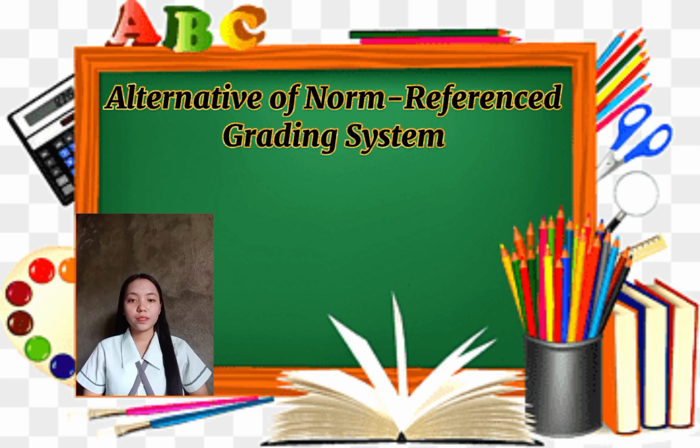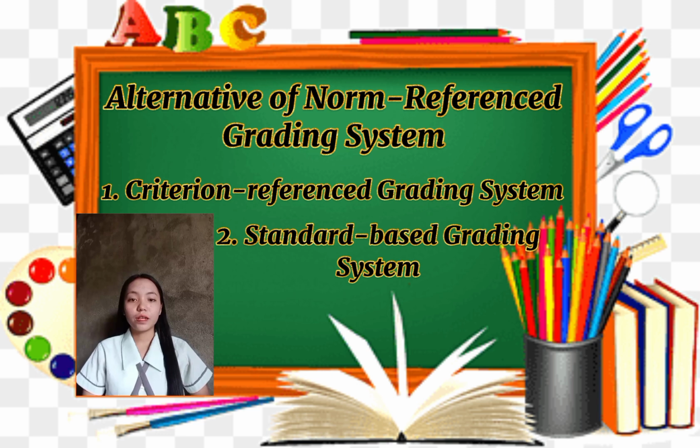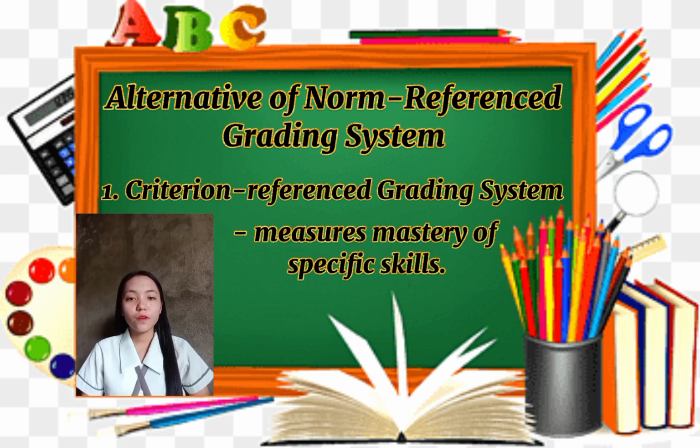So now I will be discussing the alternatives: the criterion reference grading system and the standard-based grading system. Criterion reference grading focuses on measuring a student's mastery of specific skills or learning objectives, regardless of how other students perform. This system establishes clear criteria for each skill or objective, and students are assessed against these criteria.